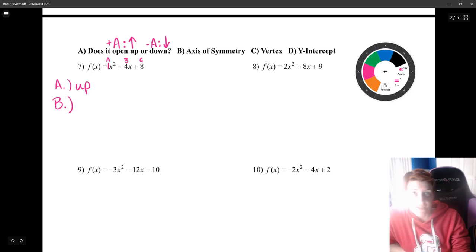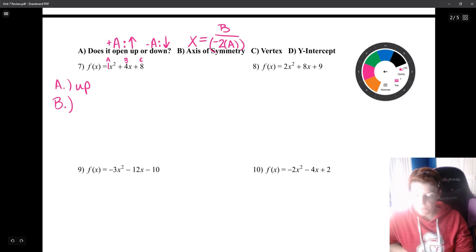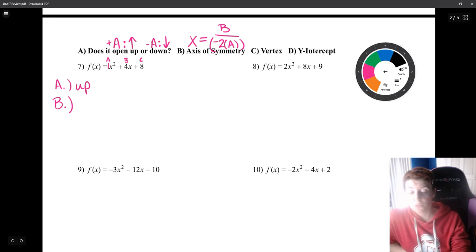Part B asks us for our axis of symmetry. That is the equation x equals whatever B divided by negative 2A is. So from our last problem, we're going to plug those numbers in, and it's going to give us that equation. Now remember, you lose points if you don't put in the x equals, so make sure you're writing the x equals when you do this.